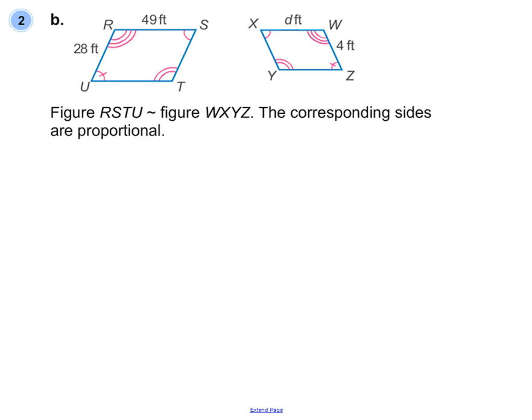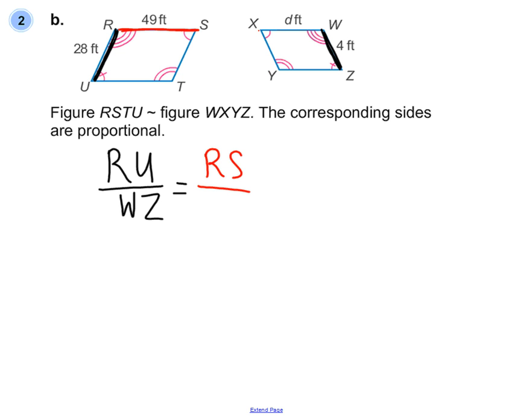So we know that RU corresponds with WZ. And then we know that RS corresponds to XW.